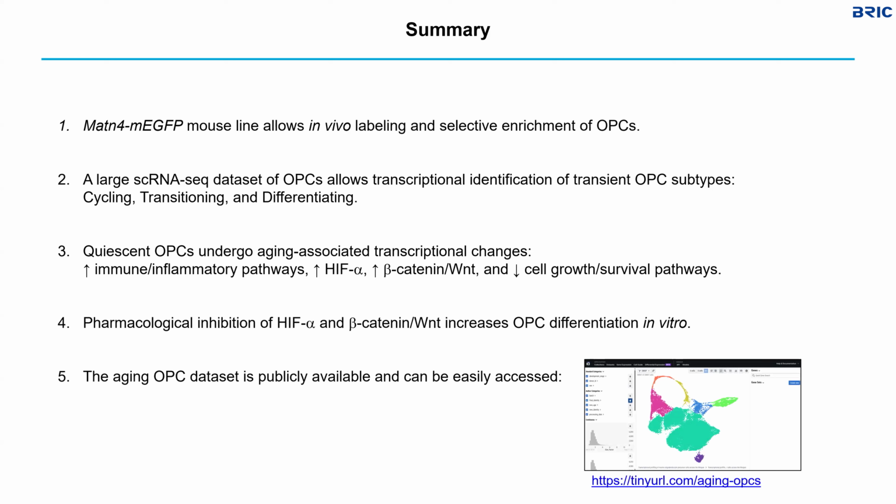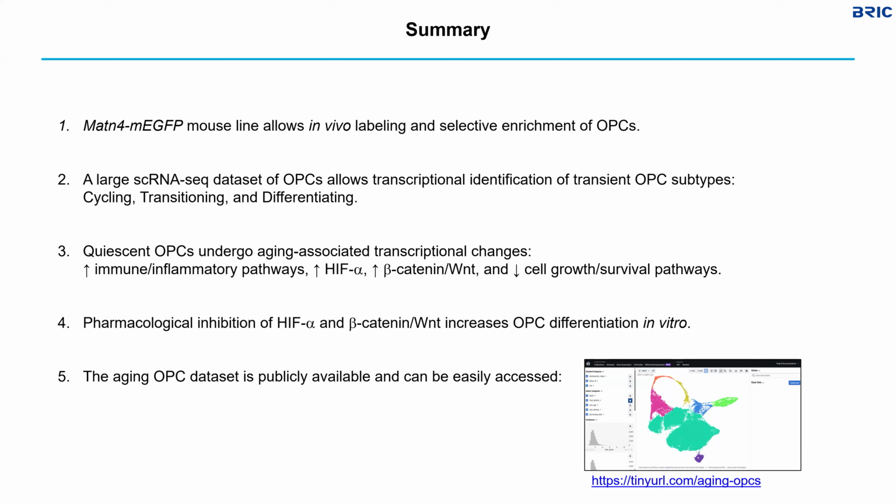And now the aging OPC data set that I present to you today is publicly available, and it can be easily accessed online. I'll show you a little bit of how to navigate the website, because I really want a lot of people to query the data and find cool things and follow up on interesting pathways and genes.